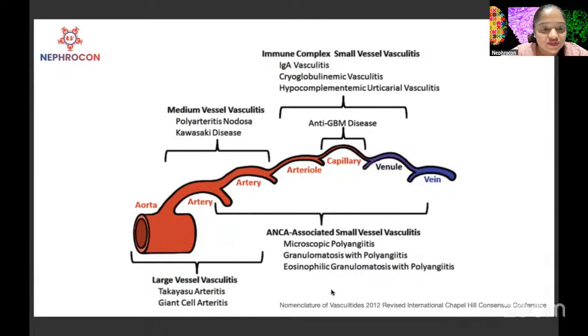Everybody is aware of the Chapel Hill classification, and I think Dr. Mahesh will do better justice elaborating this and the histopathology, nephropathology of this topic. So, over to you, Dr. Mahesh.